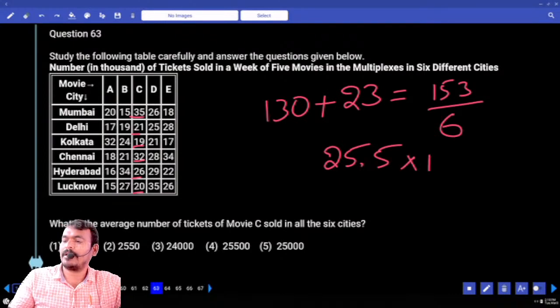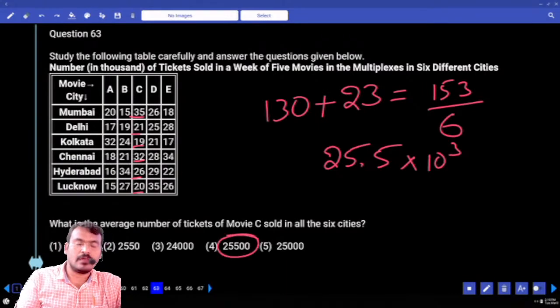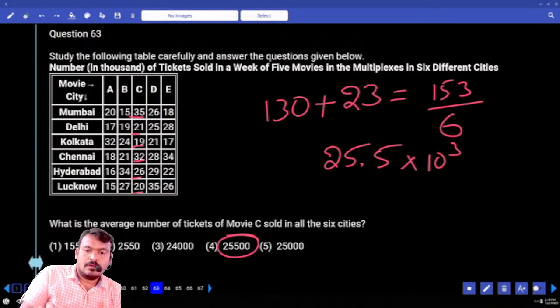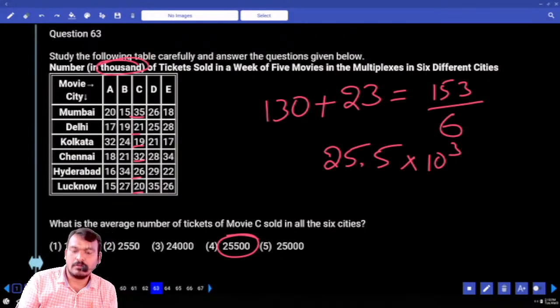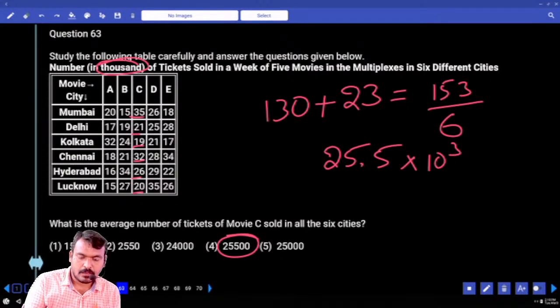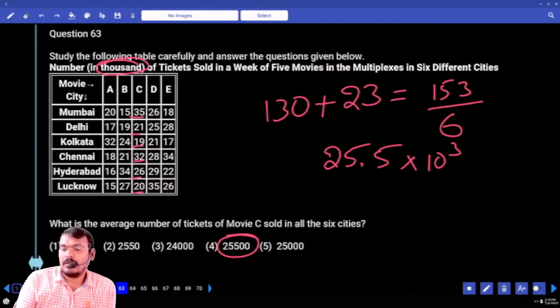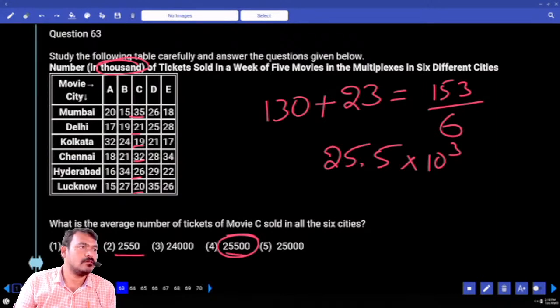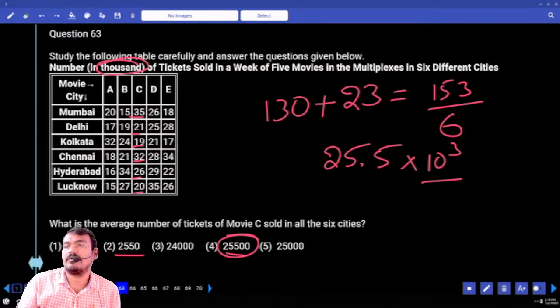Again it is multiplied by 10 cube, so the answer is 25,500, because the data are given in thousands. If we wrote 255, there would be 2 possibilities. Is it multiplied by 10 cube or 10 square? 10 cube, since the data are given in thousands.